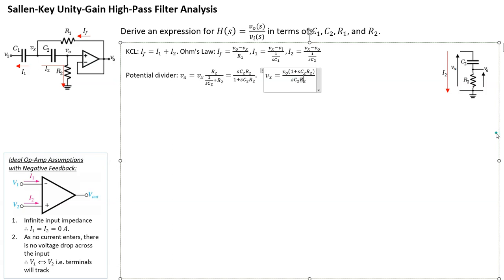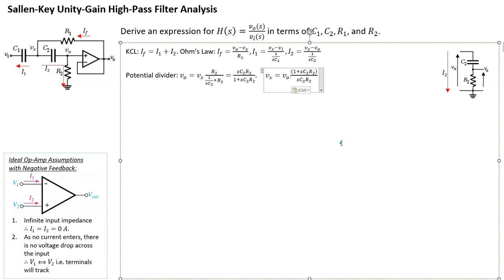Okay, all right. I'm just going to put the Vo to the side of it. So that's the expression we have for Vx in terms of Vo and the other components.